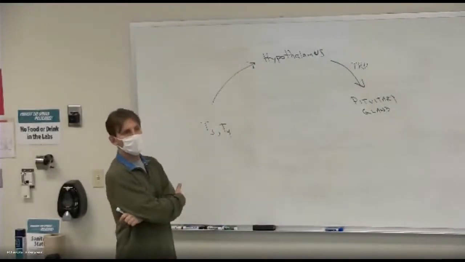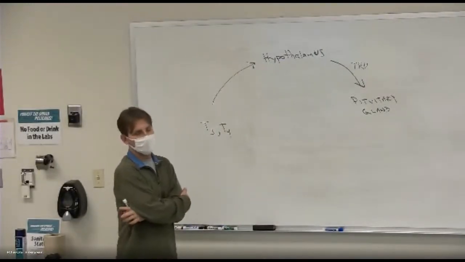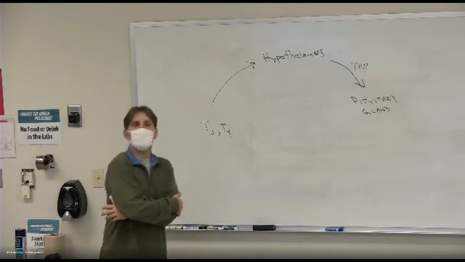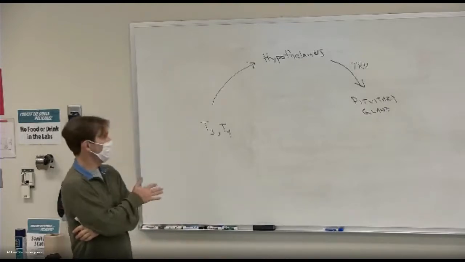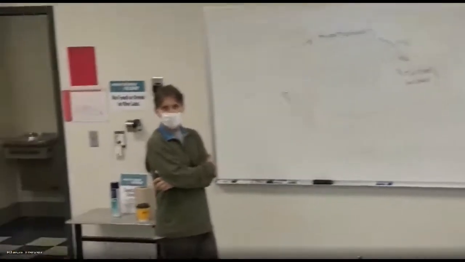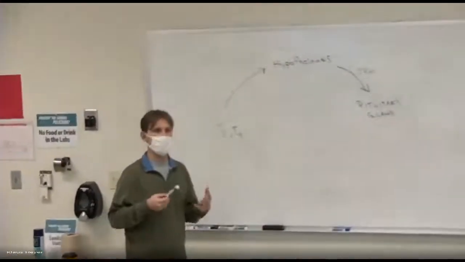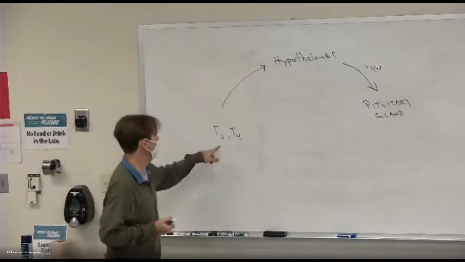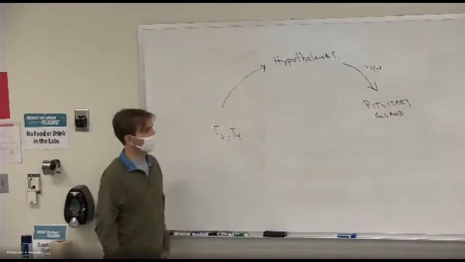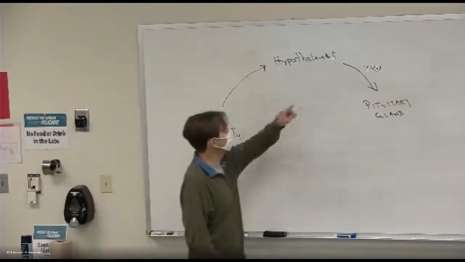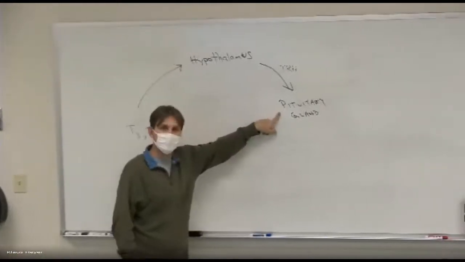The abbreviations are encouraged. Oftentimes I'll tell you I want you to write things out, but it's acceptable to just write the abbreviation. Most of these hormones have abbreviations, like these two. So TRH is released, and that's going to the pituitary.